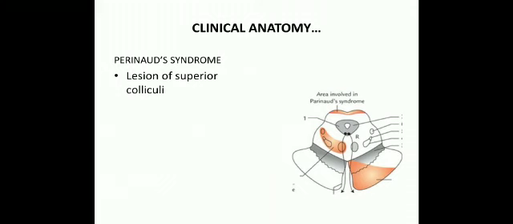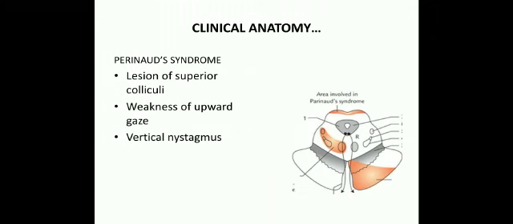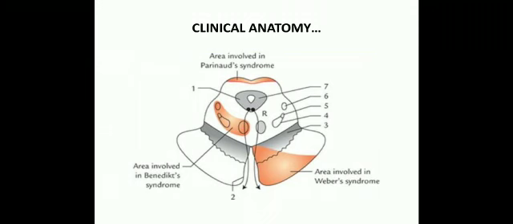Parinaud's syndrome: the lesion of the superior colliculi gives rise to this syndrome. There will be weakness of the upward gaze and vertical nystagmus. In this diagram we can observe the area affected by the different syndromes. Here we can see the area involved in Weber's syndrome, that is the crus cerebri part in the substantia nigra.